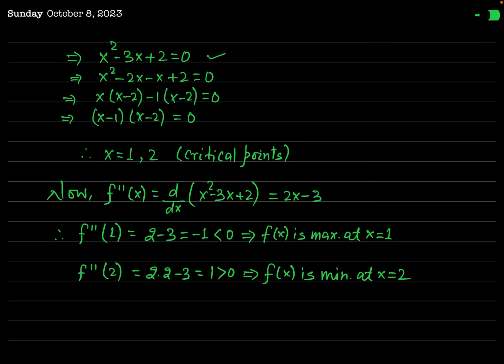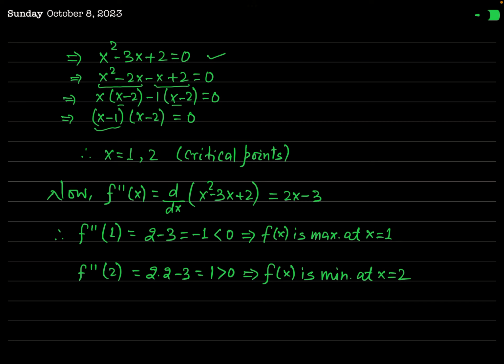Again, this can be written as x square minus 2x minus x plus 2 equal to 0. Now in the first 2 terms, you can take x as a common factor, and in the second 2 terms, you can take minus 1 as a common factor. So the result will be x times (x minus 2) minus 1 times (x minus 2) equal to 0.